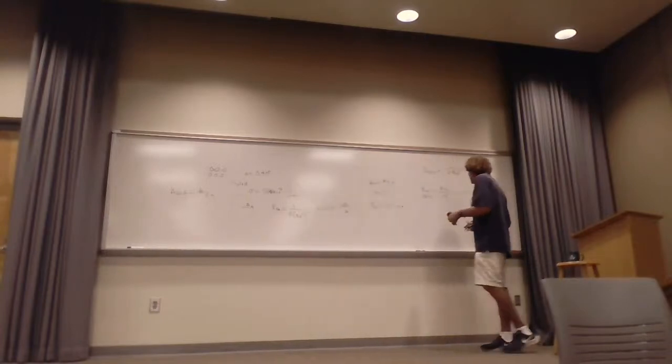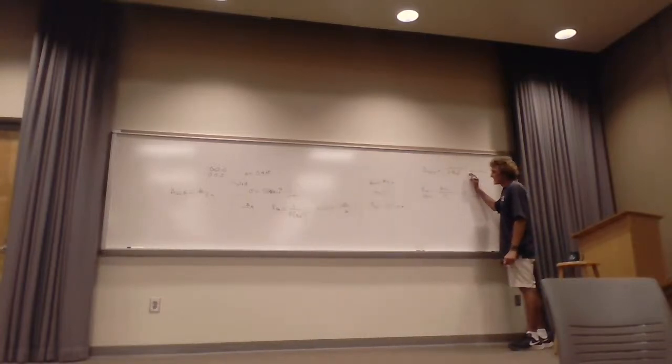Back to this one. First, we calculate this. You said the radius is 0.1, right? So that's 10 to the minus 4. Square that, 10 to the minus 8, right? So it's really 1 over 0.58.